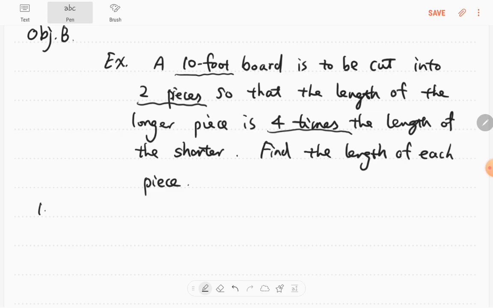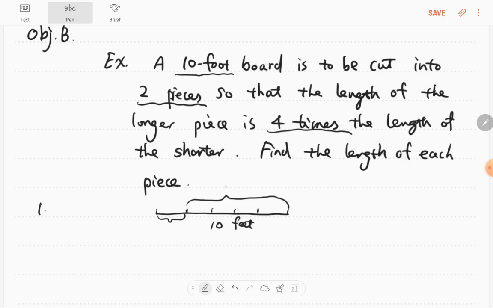Let's see, I just put the board here. We know the board is 10 feet in total, and cut into two pieces. And make sure this part is 4 times this part. So total will be 10.